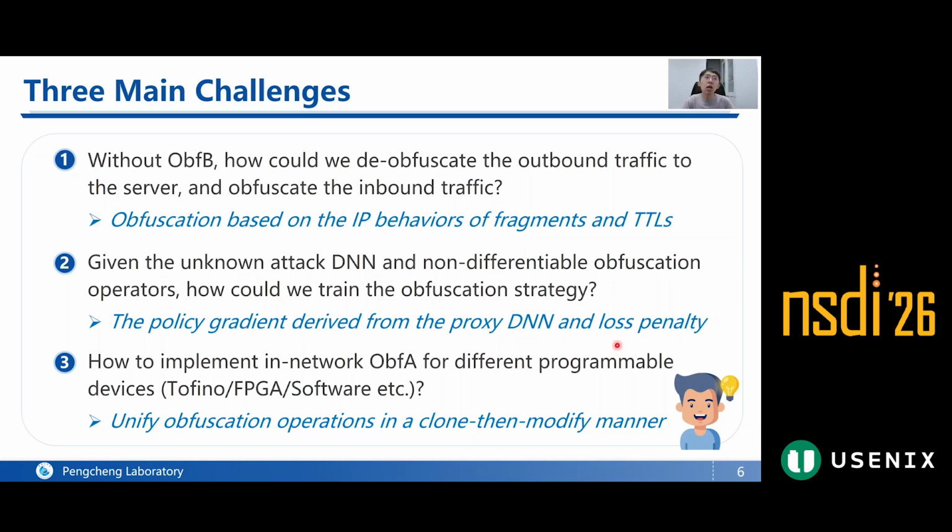And also we design a loss to optimize and train the neural network so that it can output the desired strategy. Third, in order to make our solution more generalized, we unified our obfuscation operations in a standard way. We call it clone then modify, which means that no matter what we use, like fragment or TTL packets, they can both be implemented by first cloning and then modifying the corresponding packets.